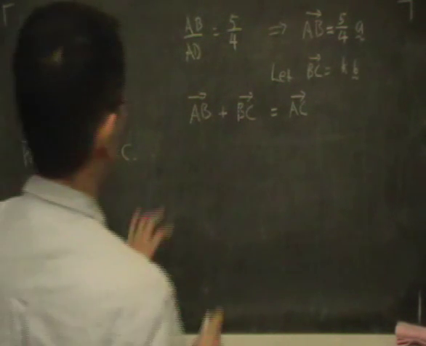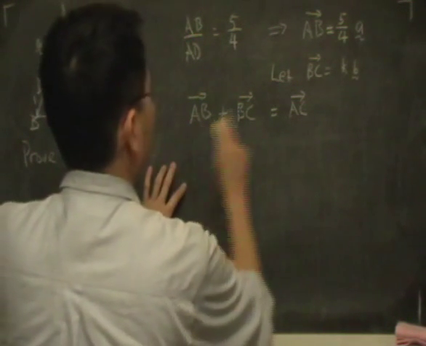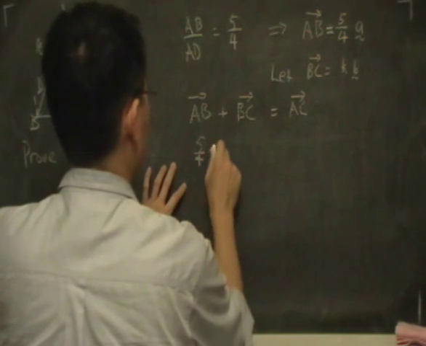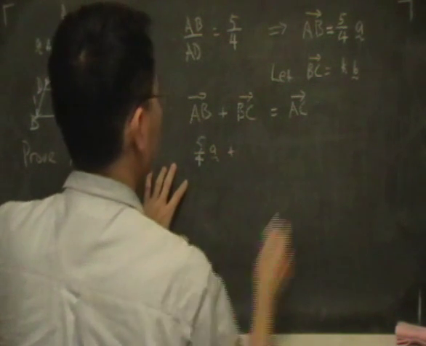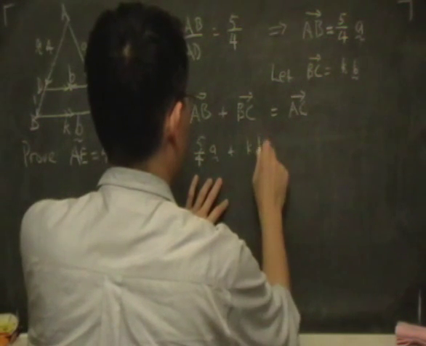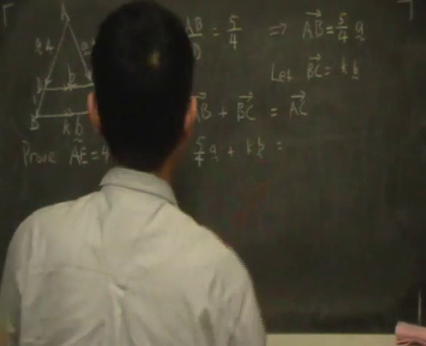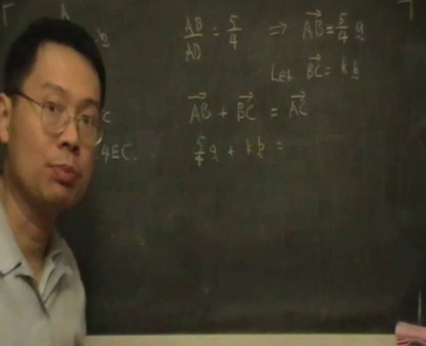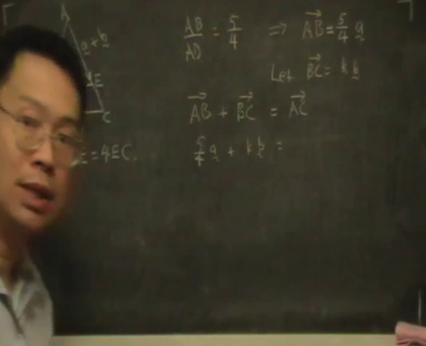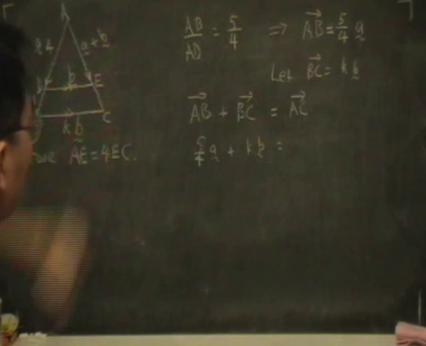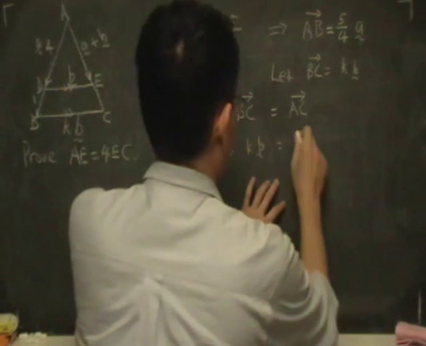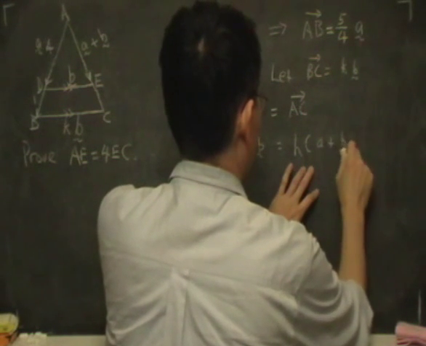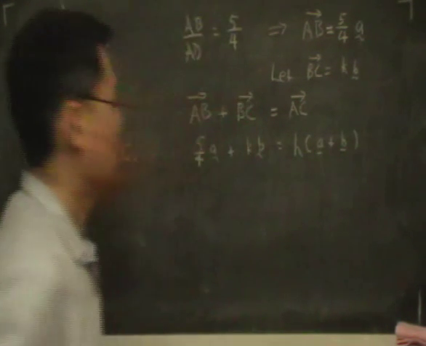AB we already know is 5/4 A, and BC we know is k times B, and AC we know is parallel to A plus B, so we must be able to write it as a scalar times A plus B. If we let that scalar be h, then it's h times A plus B.